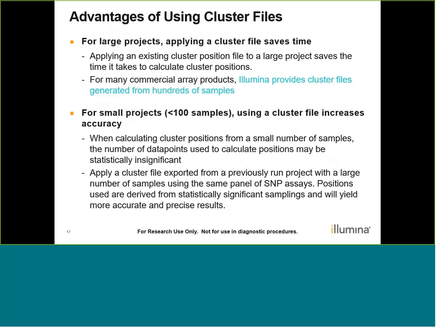For small projects, if you're trying to create a cluster file with less than 100 samples, if you don't have enough data points, those calculations for the cluster positions may be statistically insignificant. You can apply a cluster file, export it from a previous run, and calculate it with a large number of samples to use with the same panel of SNP assays and the same type of sample.